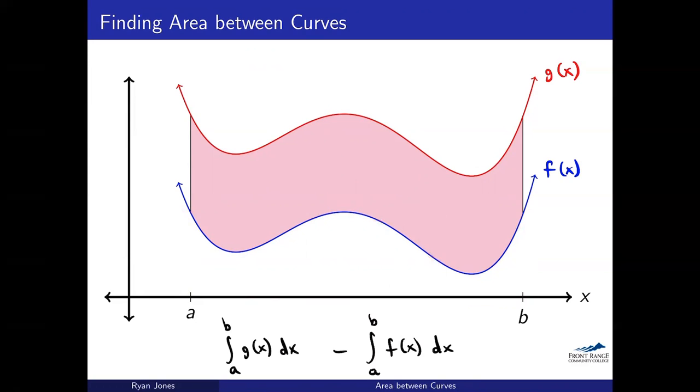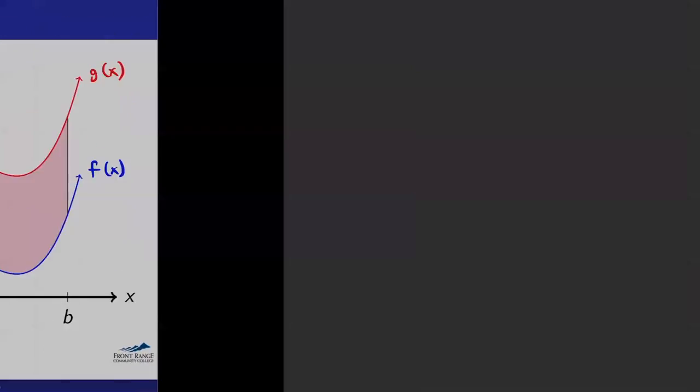Now the great thing here is that we have a formula that we can simplify, and it gives us an even simpler formula for finding the area between these curves. We can use our integral properties. We've got the integral from A to B of G of X dx minus the integral from A to B of F of X dx.